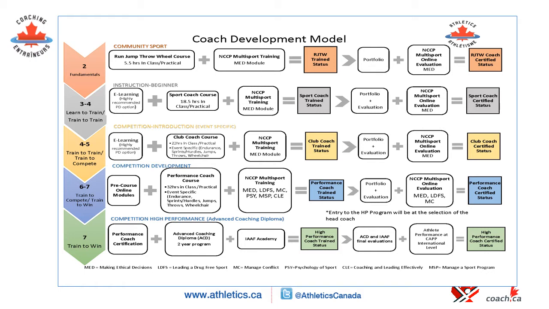Then you have to do some multi-sport NCCP training. These are courses that are the same for all coaches across sports. The most common one that every coach must do in order to be trained is called Making Ethical Decisions, or MED for short. Once you've done the online pre-learning, the clinic, and the NCCP multi-sport courses, you are considered trained.